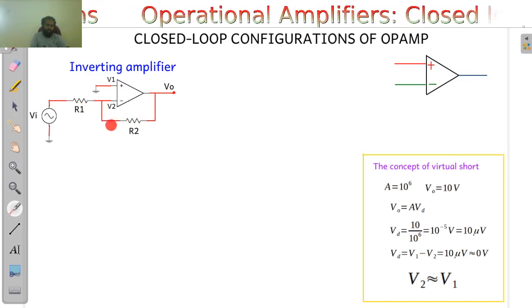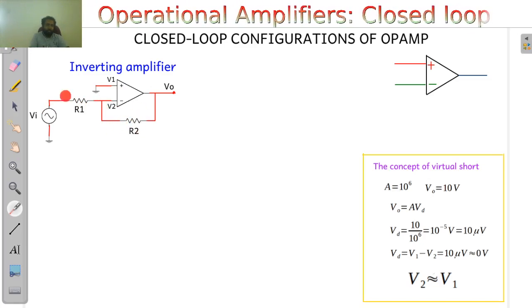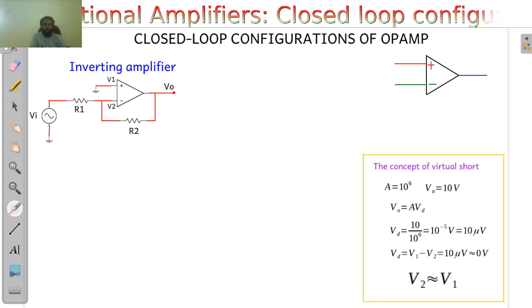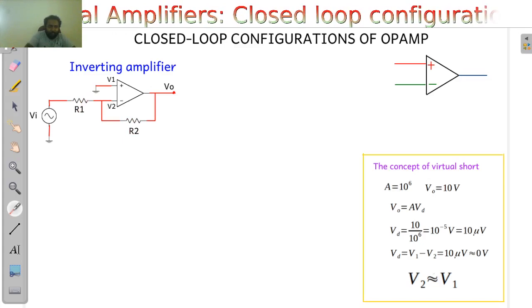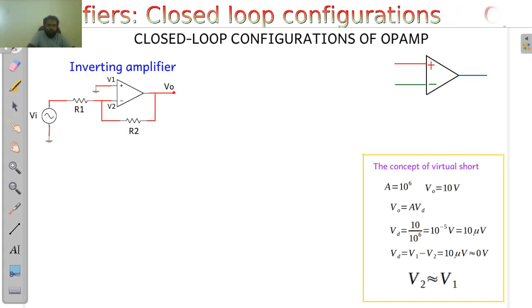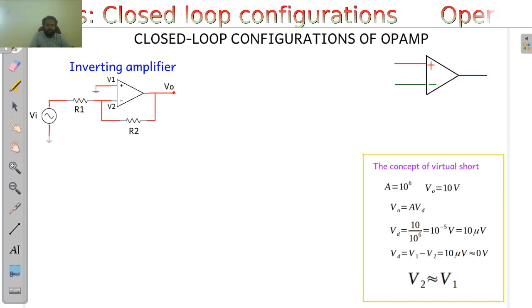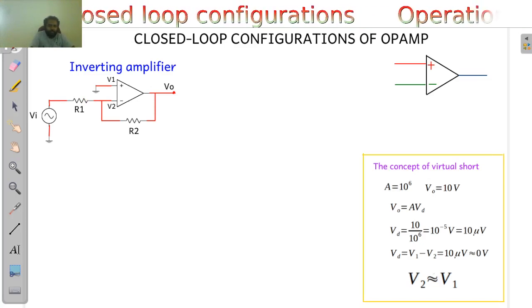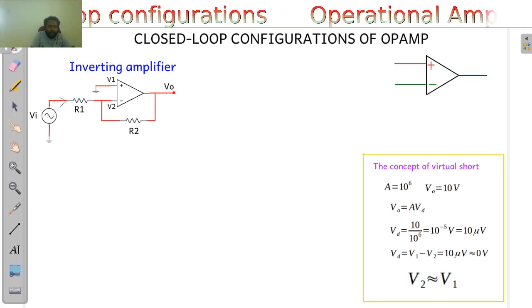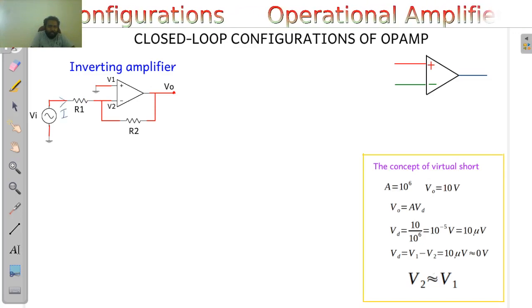So the current flowing in this resistance will be equal to the current flowing through resistance R1. That is our starting point for the derivation of closed loop voltage gain. So let us start deriving the closed loop voltage gain. We will start with the current that is flowing. I will call that current Ii.